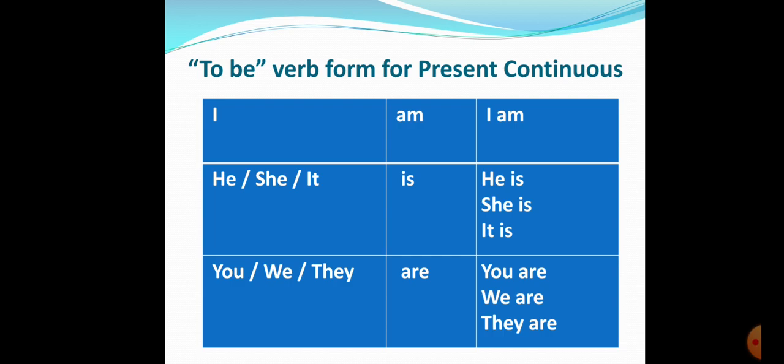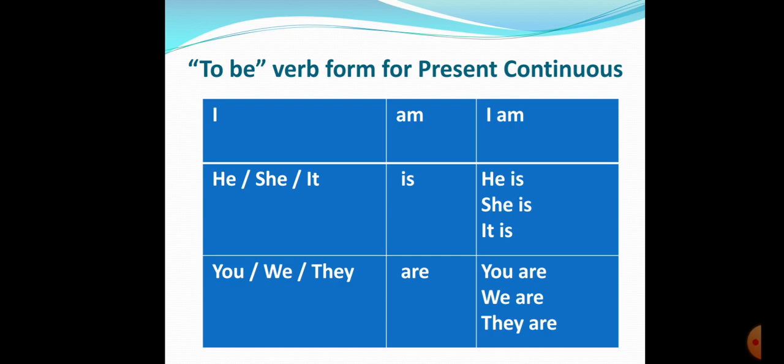When we talk about the first person, we use am with I, so it becomes I am. Then we use is with the second person, he, she, it, and you get he is, she is and it is.